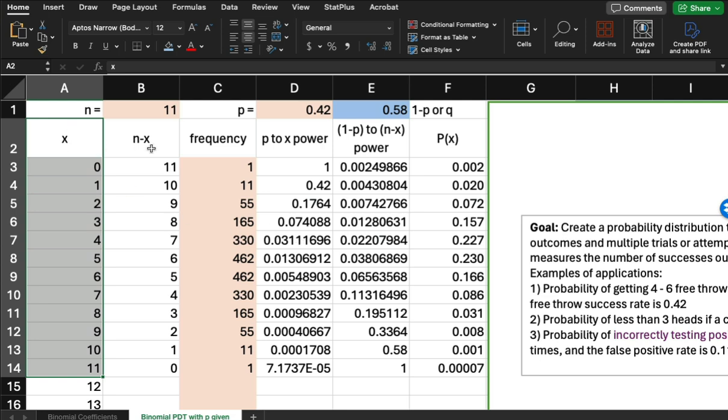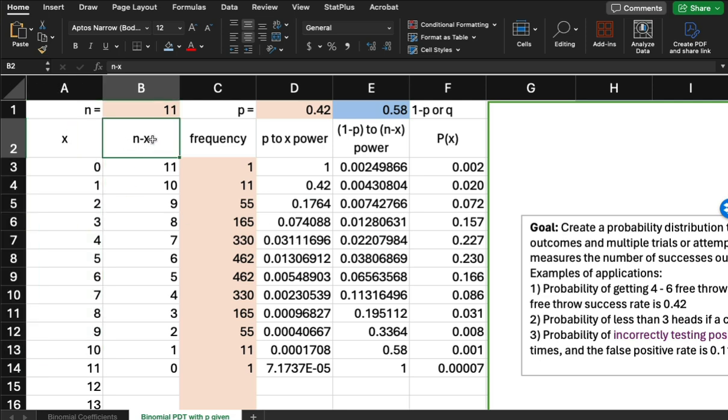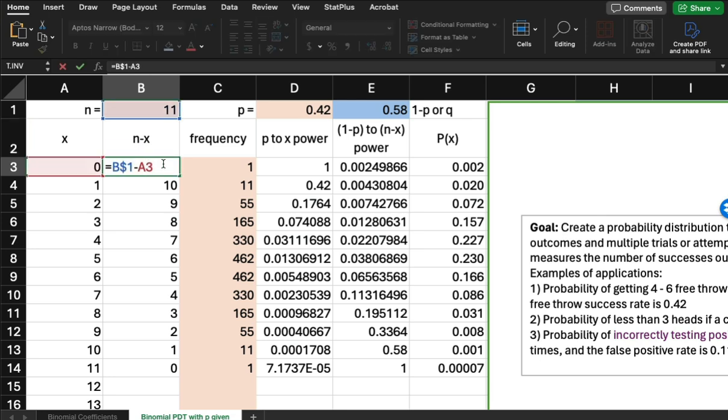All right, so let's look at our N minus X column, which is column B. The first thing we're going to do is type in row 3, because I had to skip rows 1 and 2. In B3, type equals $B$1, because that's where my N is, minus X, which is in A3.